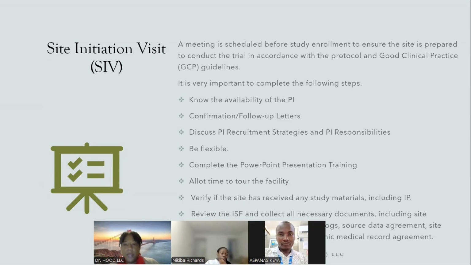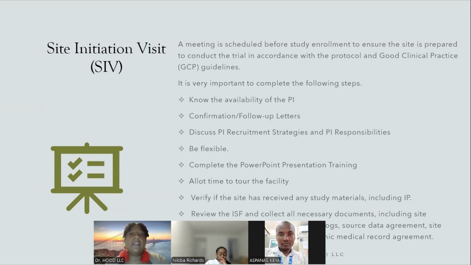Typically, the PI needs to be involved in the protocol overview, which would include the inclusion exclusion criteria. They need to be in the section related to AEs and SAEs, and they need to be available to discuss PI responsibilities.